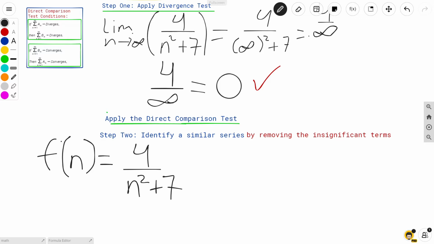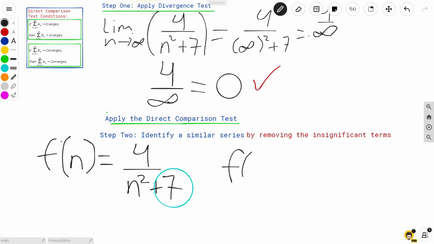I mean which one of these 3 terms contributes the least to the value of the final sum of the series. We can definitely say it's the 7, because the 4 scales it up and the n squared is what determines the series. So the 7 is the least significant term.